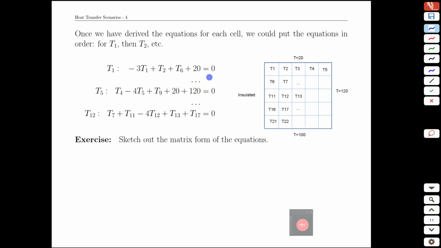Having now constructed all of these equations, we can imagine what that would look like if we took them into a matrix form.